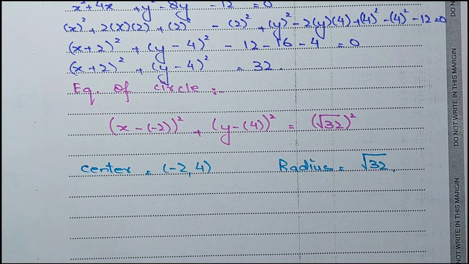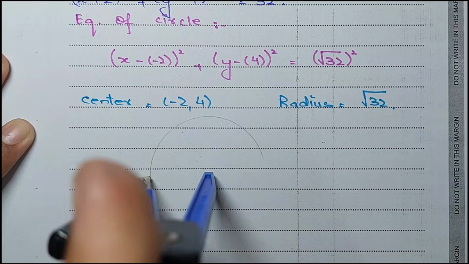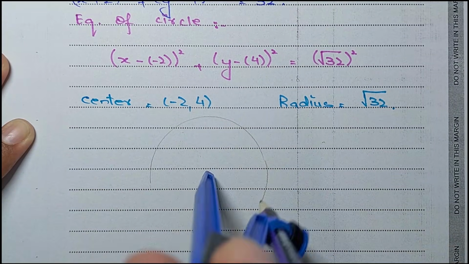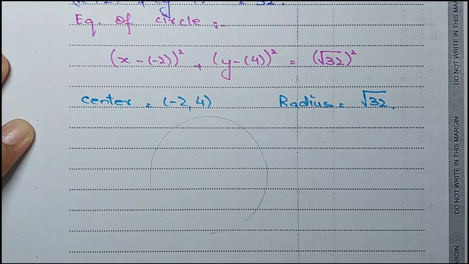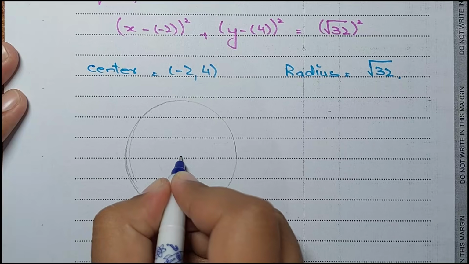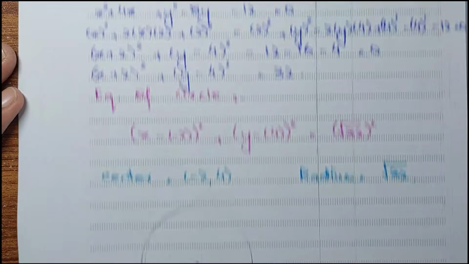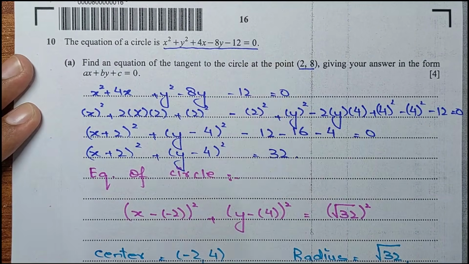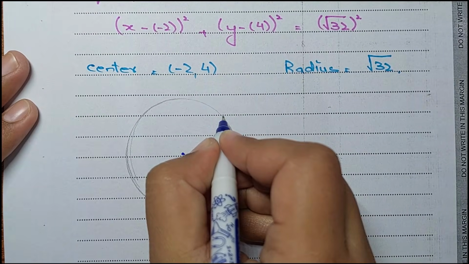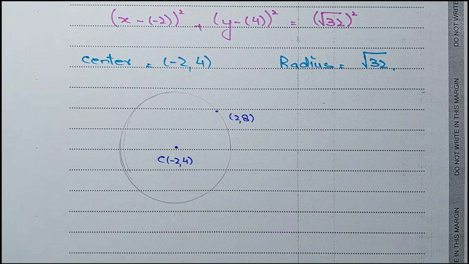Now let me draw this circle to make it more understandable. So I drew the circle and we found the center of the circle is minus 2 and 4. We need to find the equation of the tangent to the circle at the point 2, 8. Let's say this is the point 2, 8. The point lies on the circle and we have to find the equation of the tangent.